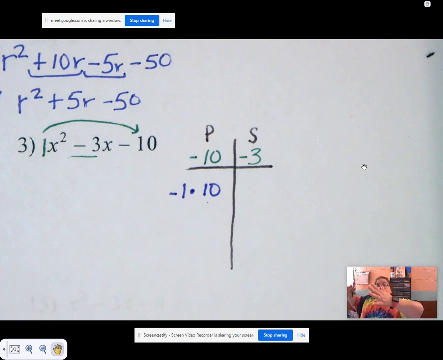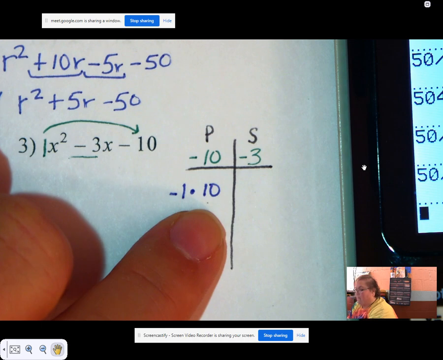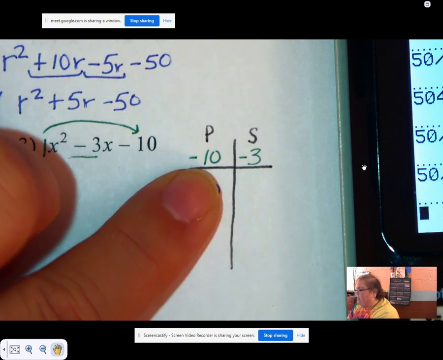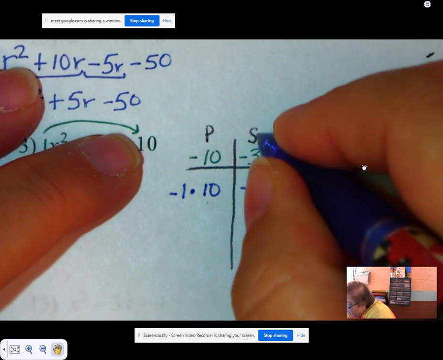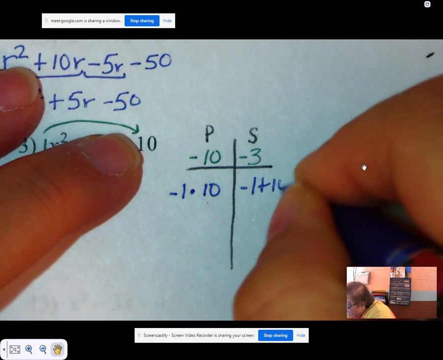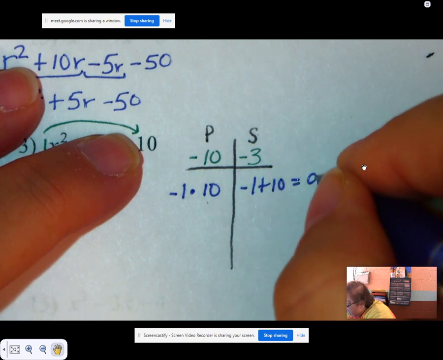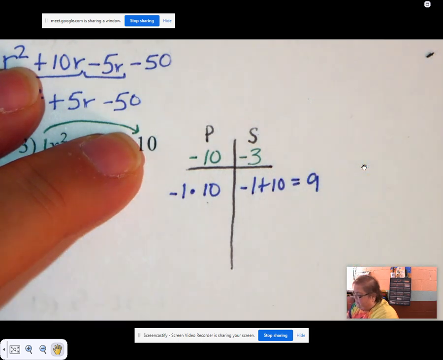You don't always have to write it, but you always need to start with 1 in your head and work your way down. So I've got negative 1 times 10. And then in this column, what do I do with those? We add them. Sum means to add. What is negative 1 plus 10? But I'm trying to get negative 3. Am I there? That's not it.